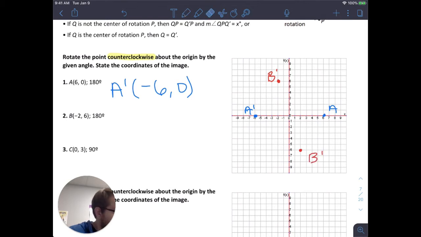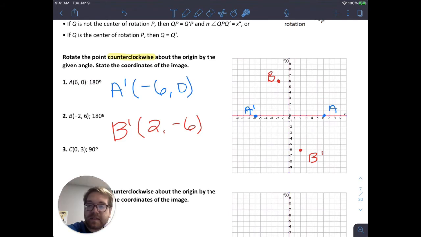That would just be B. So B prime is at 2, -6. And you can see how that's 180 degrees right there. So instead of -2, 6, if I rotate 180 degrees, it's 2, -6.